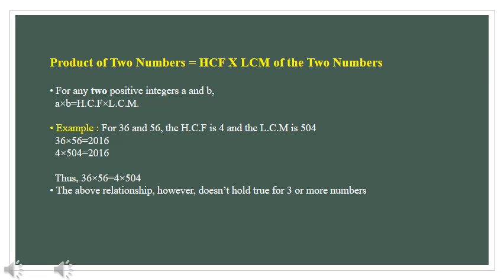Similarly, when we multiply the HCF of 36 and 56 by the LCM of 36 and 56, we get the same product, that is 2016. Thus, we can prove the product of two given numbers is always equal to the product of their HCF and LCM.